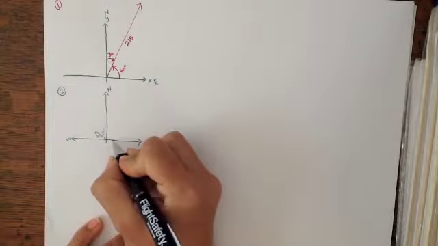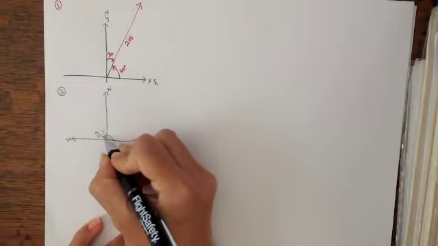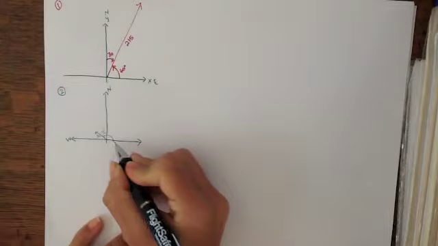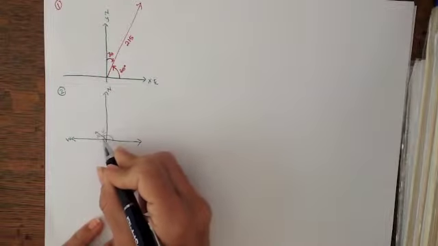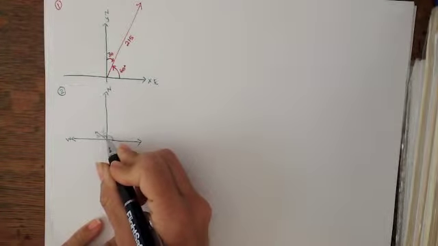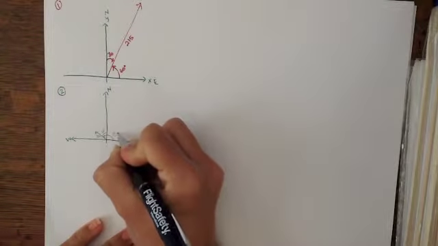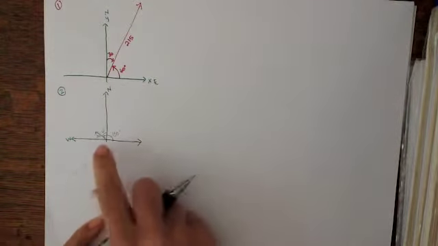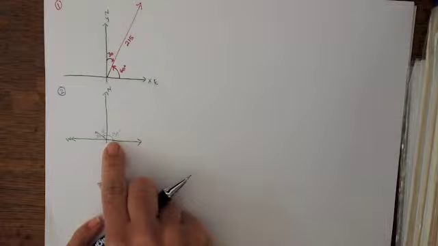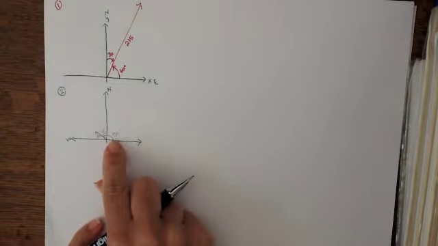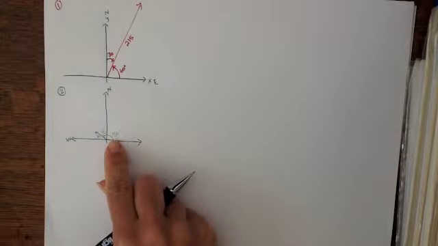So from standard position, starting at the x-axis and rotating to where this vector is, that's 90 degrees plus 60 more degrees, which totals 150 degrees. That 150 degrees represents the angle from standard position. That's going to be important when we find our components.